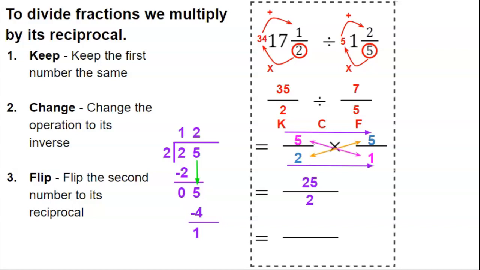This leftover 1 will not become a decimal because we did not start with a decimal. This leftover 1 is part of the whole amount. So we have 12 and 1/2, each of those groups.